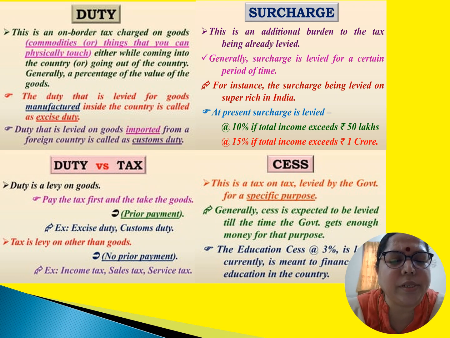Then examples are excise duty and customs duty as we saw above. Then tax is a levy on other than goods. Tax is levied only on the income or wealth of a person or assessee. For example, income tax, sales tax, service tax, etc.